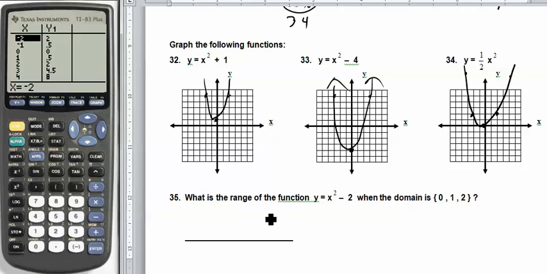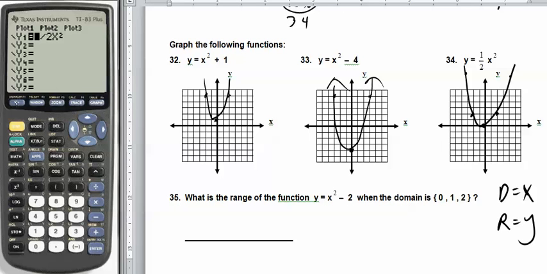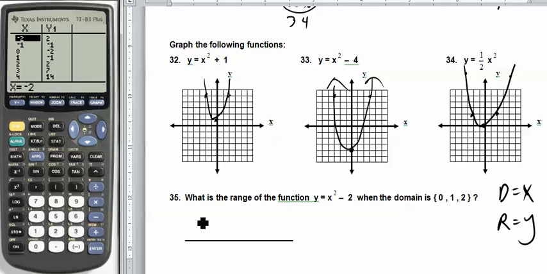So what is the range of the function y equals x squared minus 2 when the domain is this? Remember, domain is x and range is y. So all we're going to do is take this function, put it in here, and go on our table and look for when x is 0, y is negative 2.